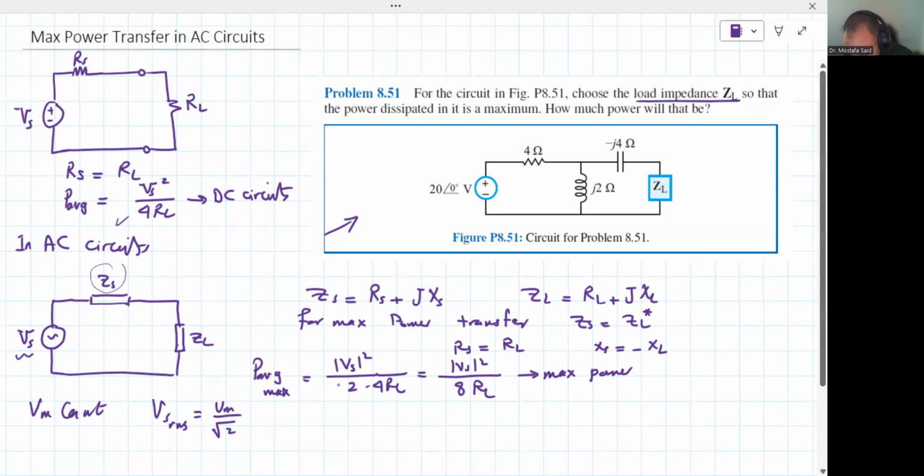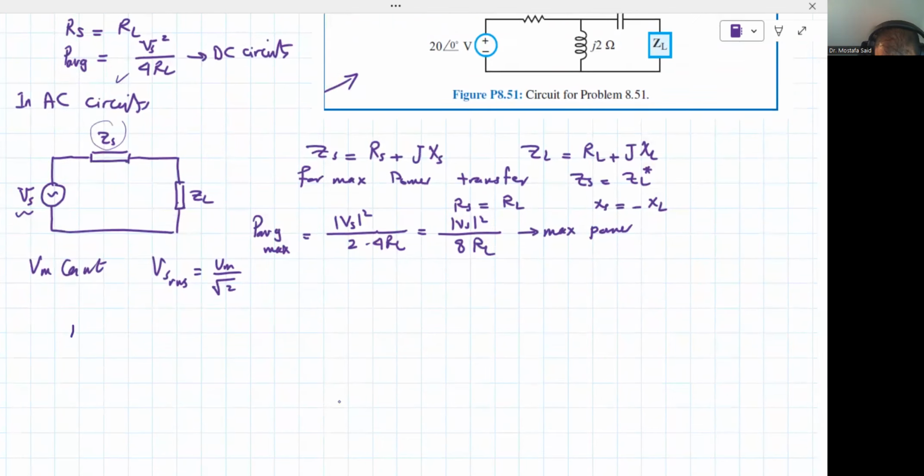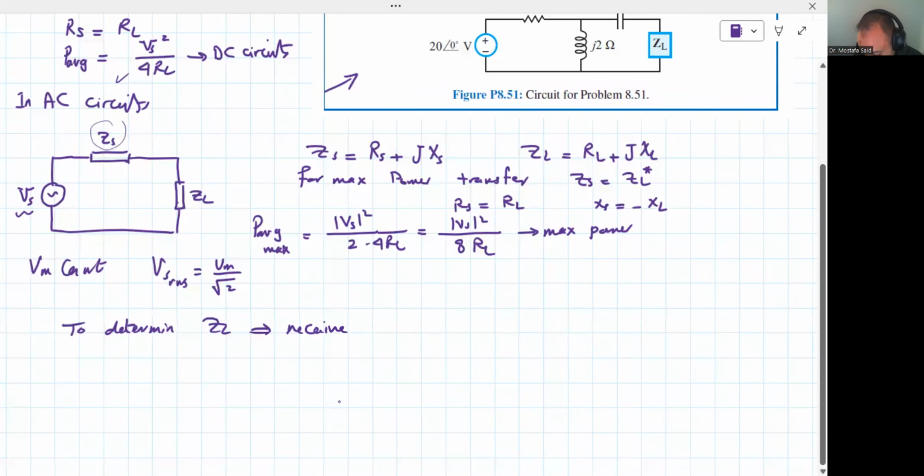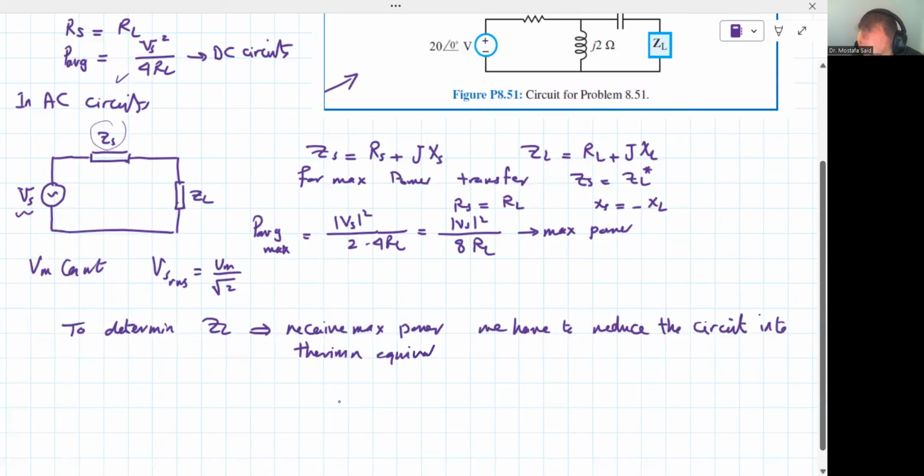So to determine the load that will receive maximum power, we have to reduce the circuit into the Thevenin equivalent.